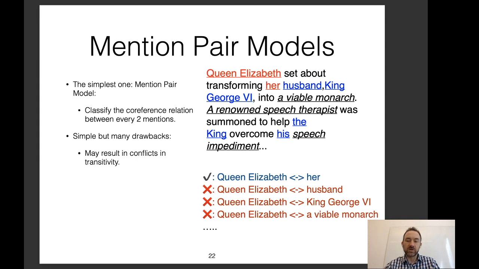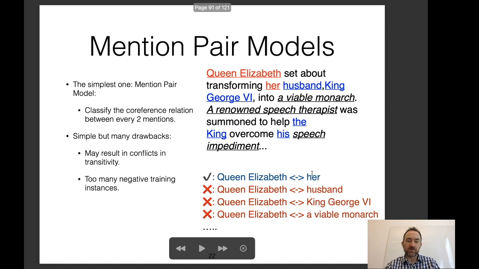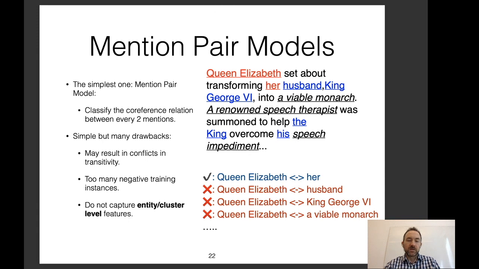So it might say that Queen Elizabeth and her are coreferent, and Queen Elizabeth and viable monarch are coreferent, but viable monarch and her are not coreferent. Another issue is that there are too many negative training instances. Most entity pairs will not be coreferent, so you get lots of negatives and you have an unbalanced learning problem. And perhaps most importantly, this doesn't capture entity or cluster level features, like we would like to have for the Hillary Clinton example that I talked about before.